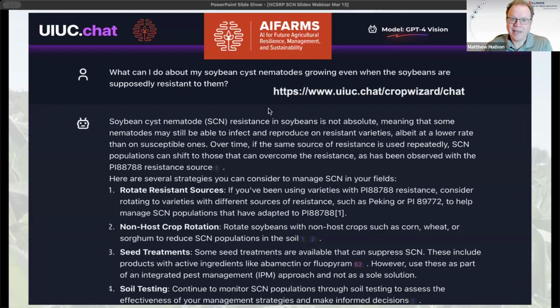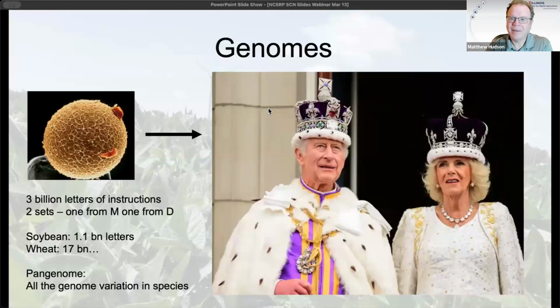So having said that, I'm going to talk about genomes. So human genome, one human egg cell contains 3 billion letters from mom, 3 billion letters from dad, and that is enough information to create typical humans, such as those you see on the right there. And all the information biologically needed to produce all the parts of the human body comes from that one set of instructions in that one cell.